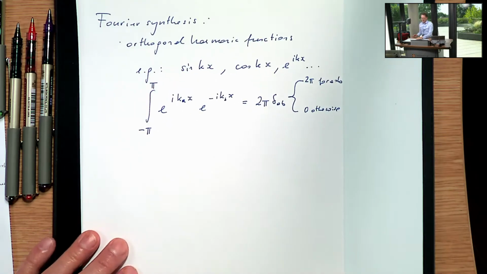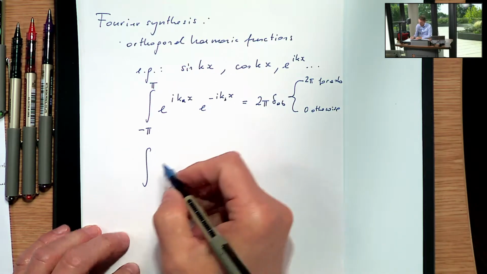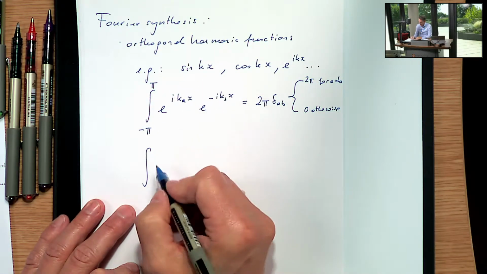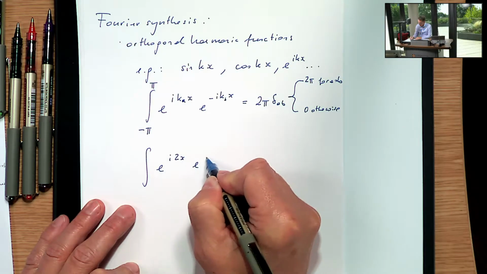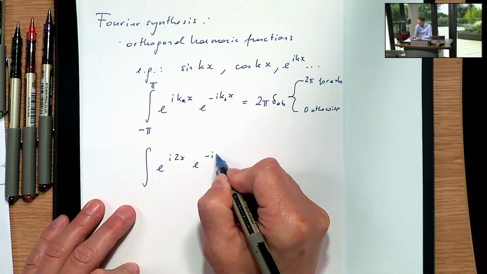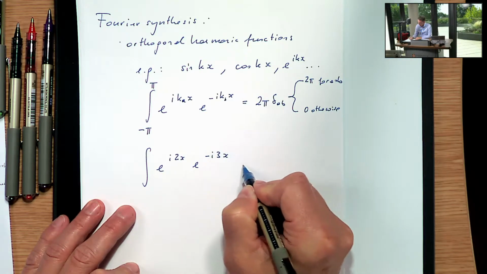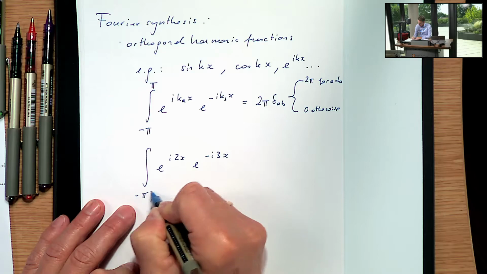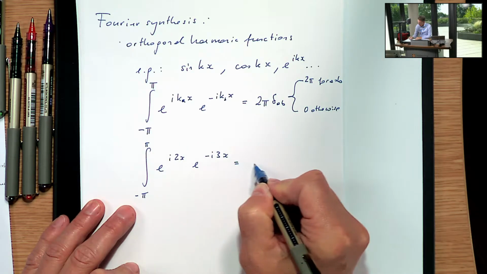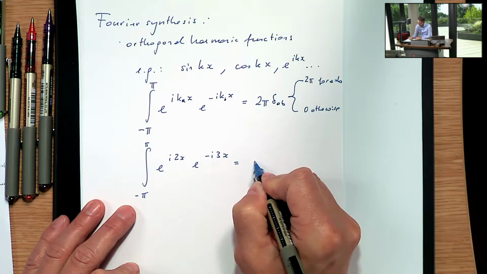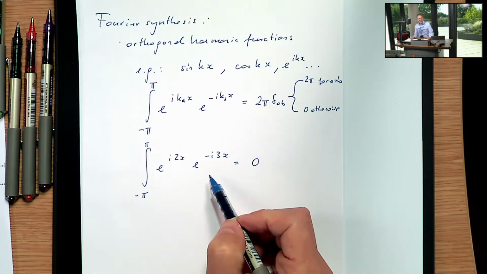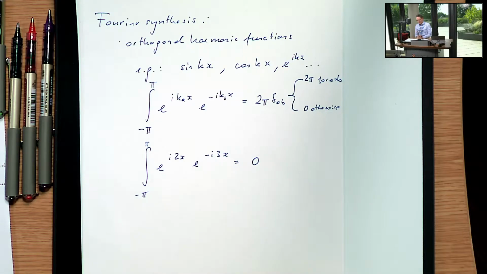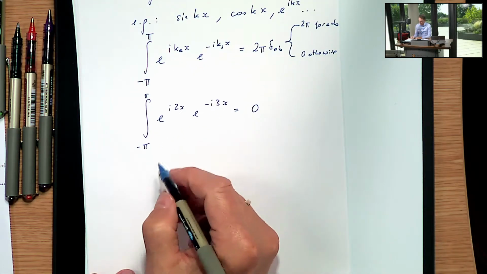So for example, if you take the integral of e to the i 2x times e to the minus i 3x between minus pi and pi, then that is equal to 0, because these two functions are orthogonal. So if you work out that integral, you get 0.